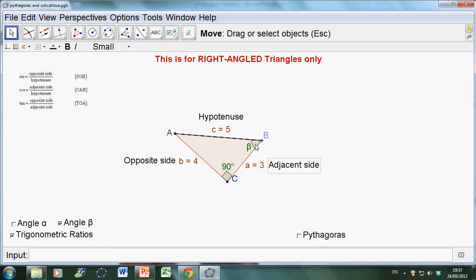So the sine of beta is 4 over 5, the cosine of beta is 3 over 5, and the tan of beta is 4 over 3. So that's a shortened version or a summary of your trigonometric ratios and Pythagoras, the basics of trigonometry.